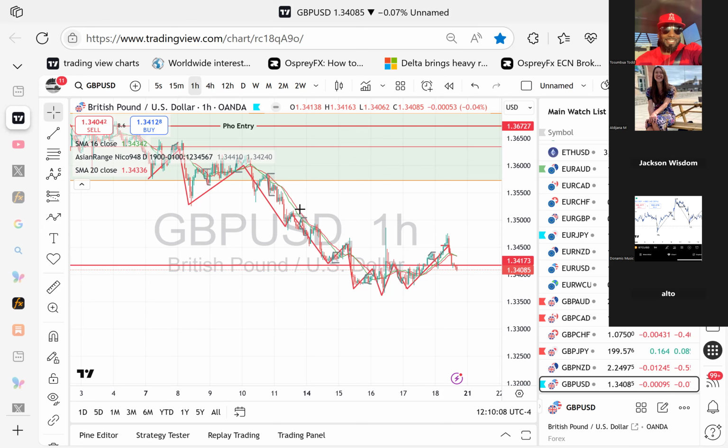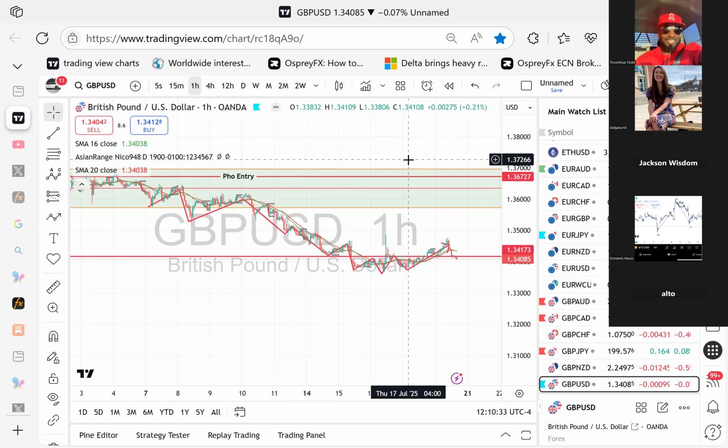Some people will take a trade if it goes to the 50. They're going to win some trades and they're going to lose some trades. They're going to lose some trades because price is going to go to the 50, it's going to bounce and then it's going to go higher to the 78. So they're going to get stopped out, right? Unless you protect the entire green zone from the 50 to the 78, and sometimes that's a big stop loss, you're going to lose some trades.